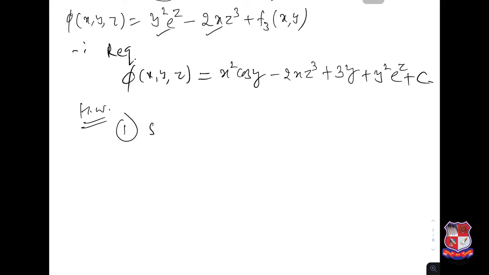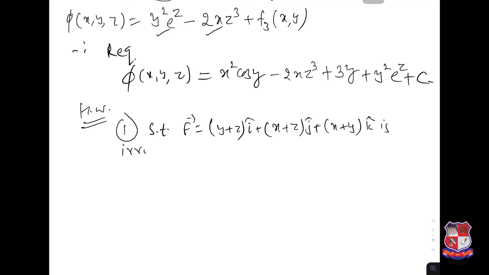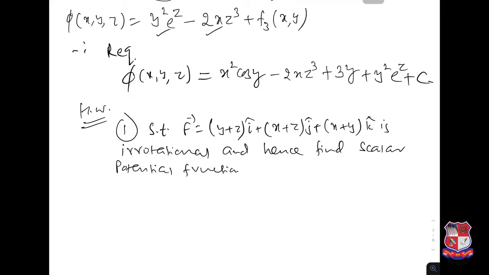So let us solve, so that vector f is y plus z i plus x plus z j plus x plus y k is irrotational and hence find scalar potential function phi.